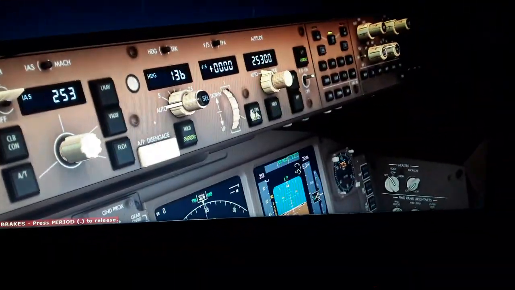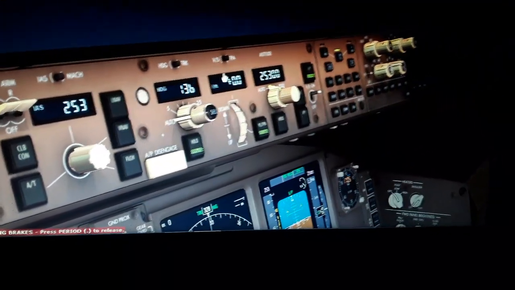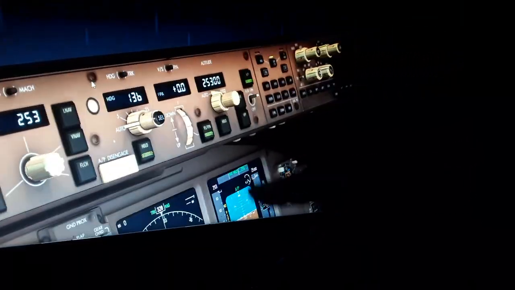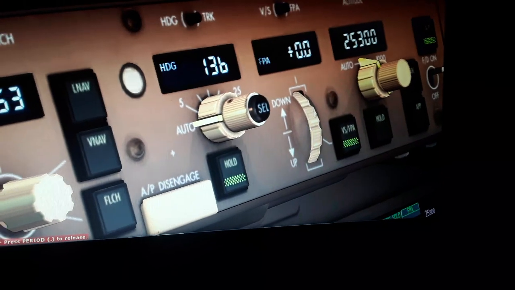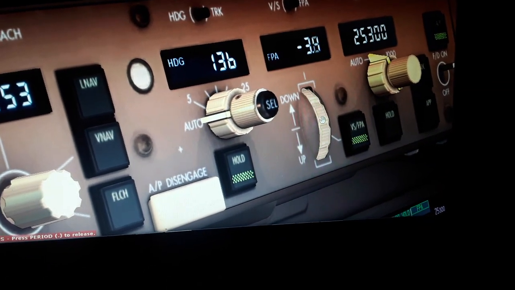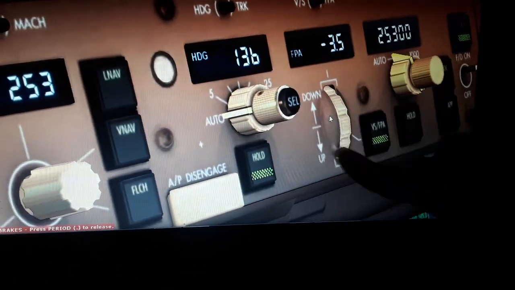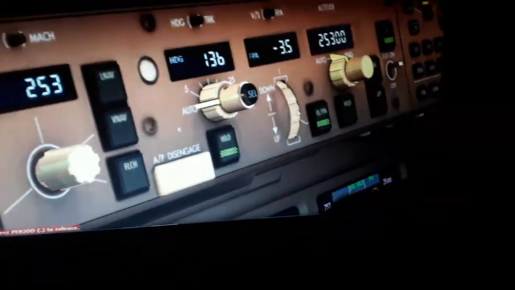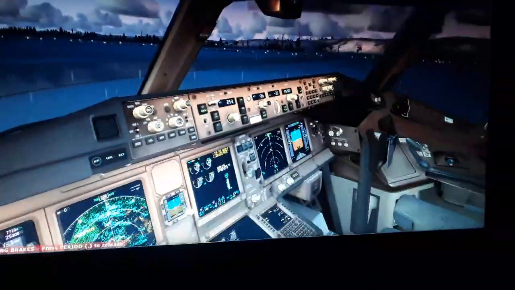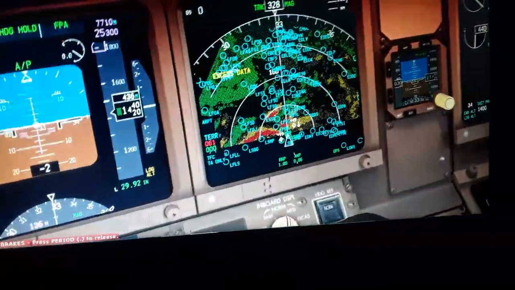and we can use the vertical rate of climb and descent, flight path angle that I told you before. So you can use also this slider here, like negative minus 3.5. You can see the slider moving up and down and the switches. So we use minus 3.5 degrees.